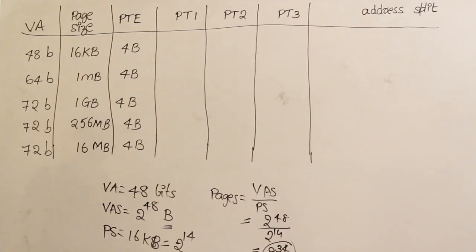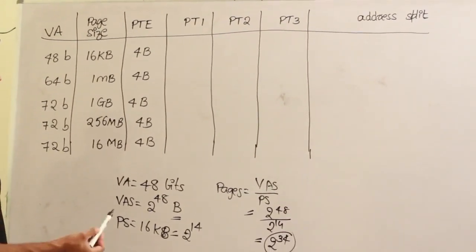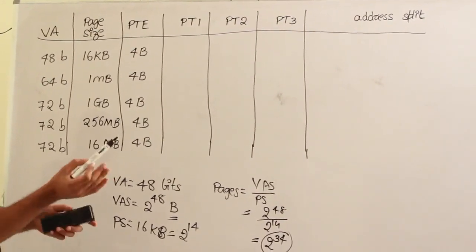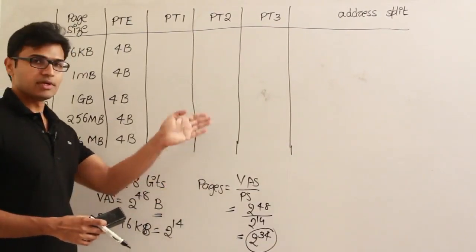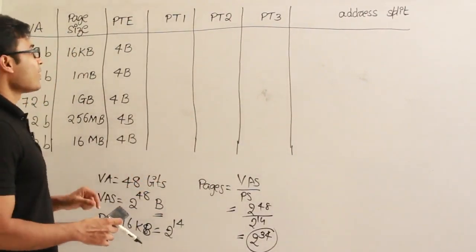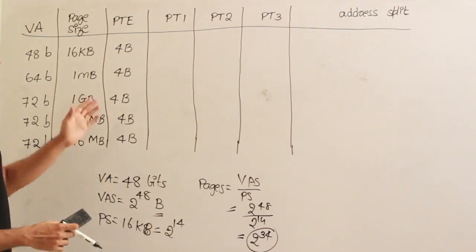So once we get the number of pages, then we have to find out the page table size of the first level. This is what I am talking about, the first level page table, PT1, right? Or which way should we number this?